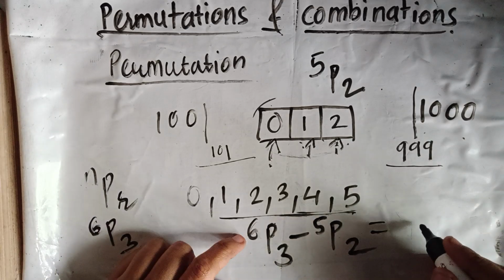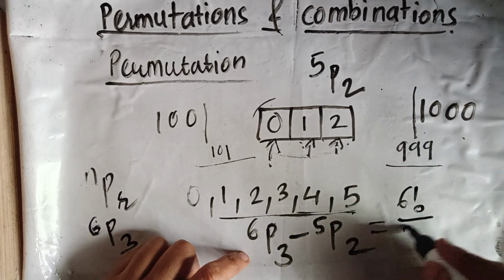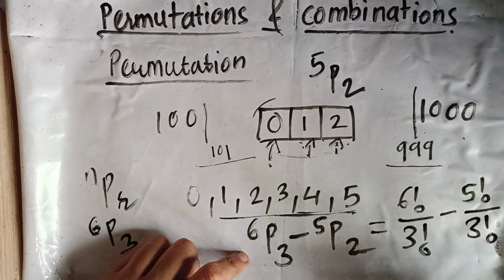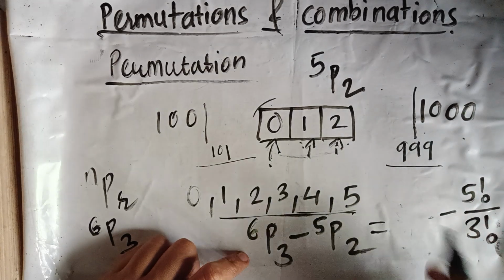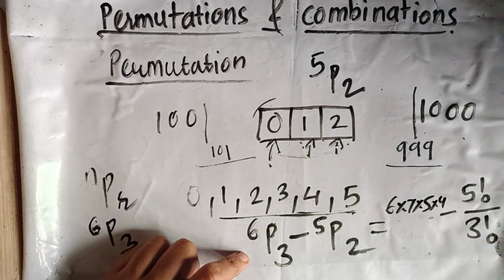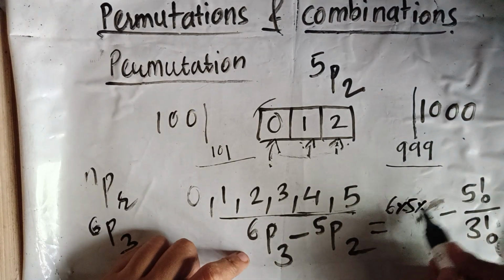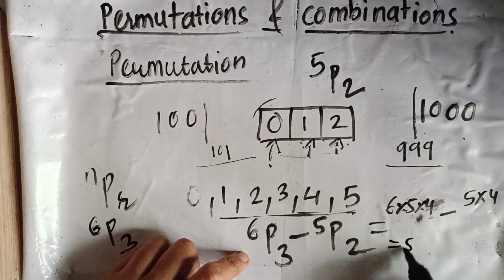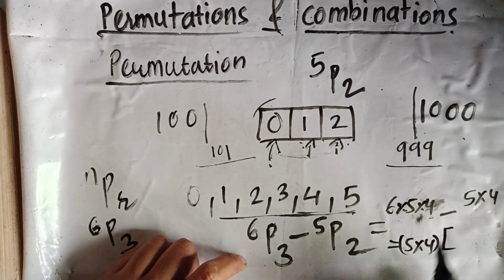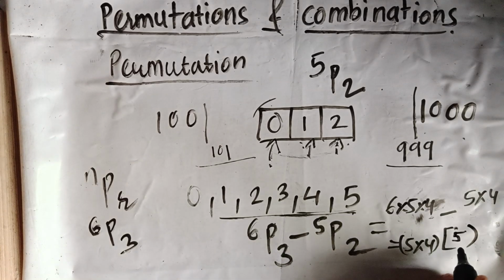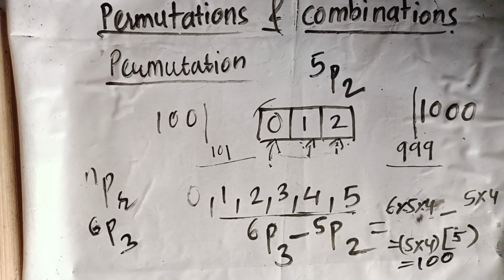So this will be 6 factorial upon 6 minus 3, that is 3 factorial, minus 5 factorial upon 5 minus 2, that is 3 factorial. So 3 factorial gets cancelled. You will get 6 into 5 into 4 minus 5 into 4. Taking 5 into 4 outside, you get 5 into 4 into 5, so this is 100.